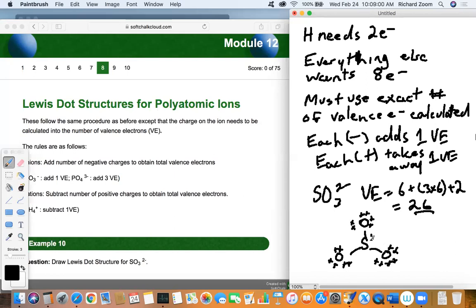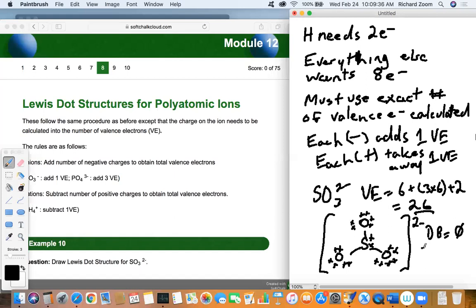So it's natural now for me to go ahead and put those extra 2 electrons on the sulfur. I couldn't do that before because I didn't have the extra 2 electrons to do that with. But you'll notice that in doing that, the sulfur now has 8, so it's happy, which means my Lewis dot structure is complete if I put some parentheses around it and a -2 charge to represent the 2- charge on that. And if I wanted now to look at the double bonds, there are none.